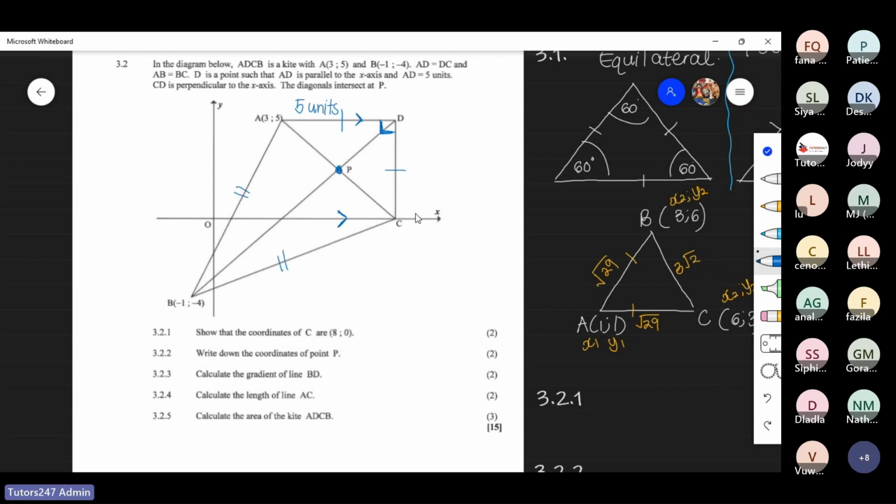So I'll repeat once more. Based on the properties of a kite, AC has a midpoint at P, but P is not the midpoint of BD. Those are some of your properties of a kite. So we've read the top paragraph. Hopefully everyone should be okay with that information. Let us now move on to question 3.2.1.